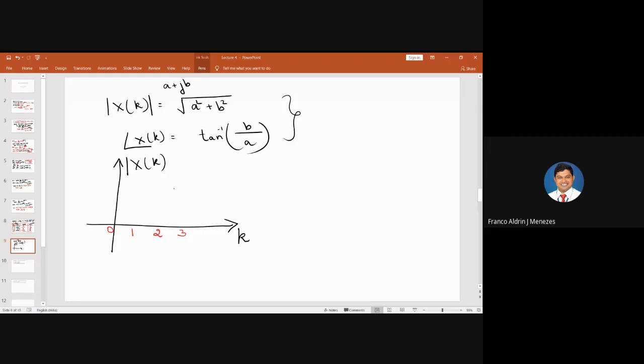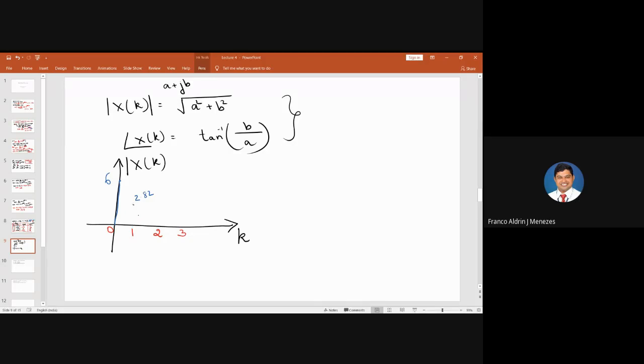For the zero value, the magnitude is equal to 6. Since this is discrete, for zero the value is 6. For k equal to 1, the magnitude we have got is 2.828.